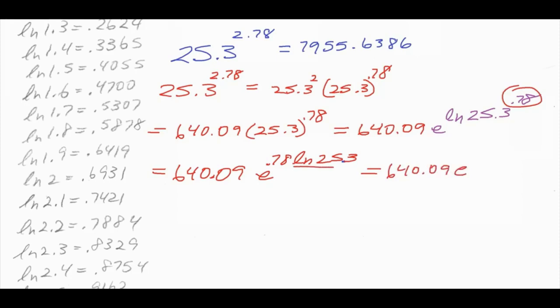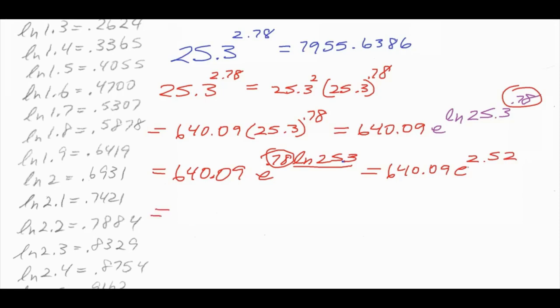And so now we turn this into a decimal and also multiply it by this. When I did all that, I got e to the 2.52.